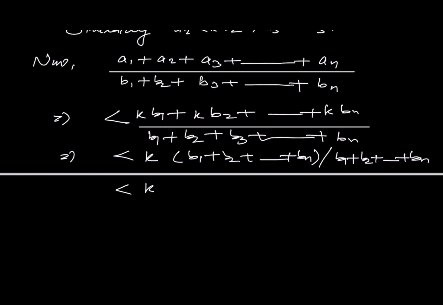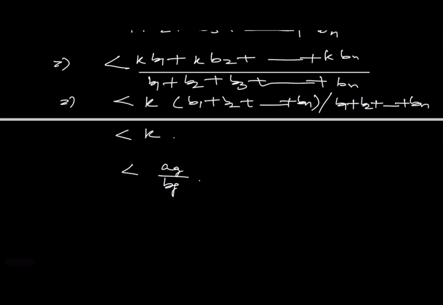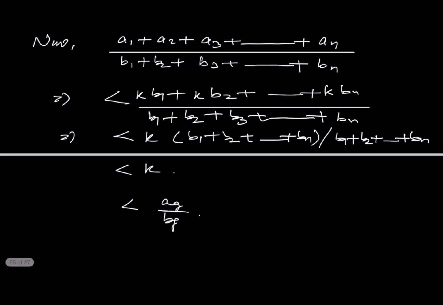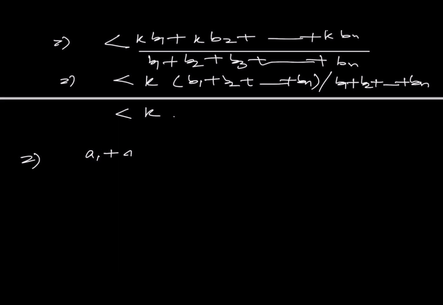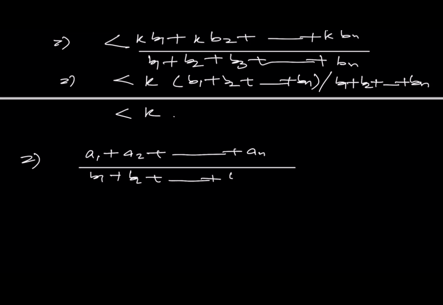So it is less than k, which is ag/bg because k is equal to ag/bg. So (a1 + a2 + and so on up to an)/(b1 + b2 + and so on up to bn) is less than ag/bg. Right, say this is 1.